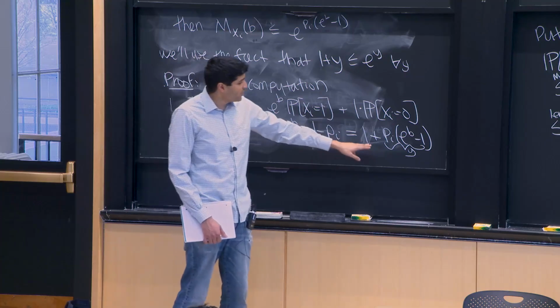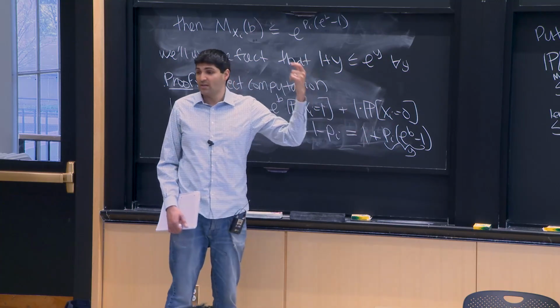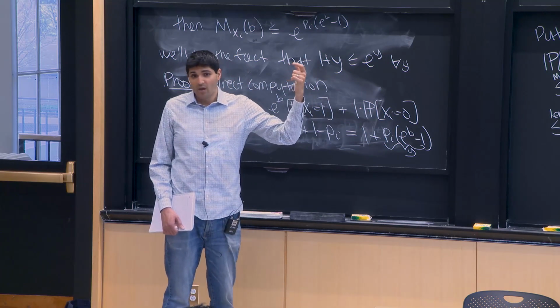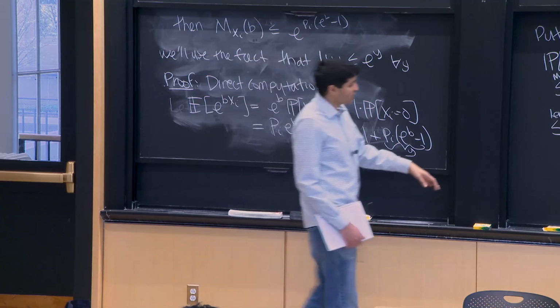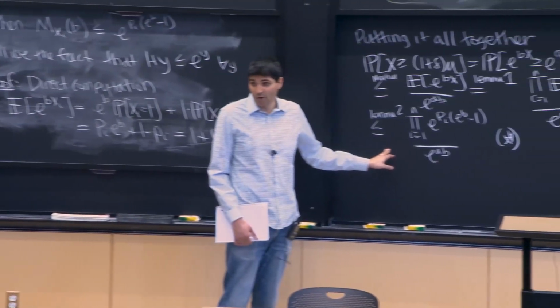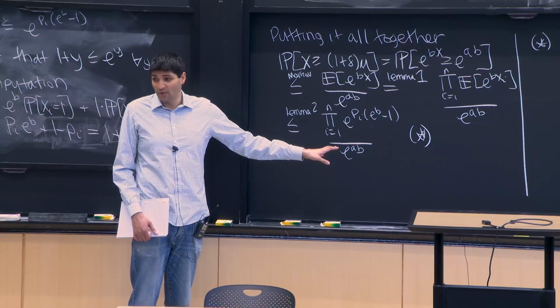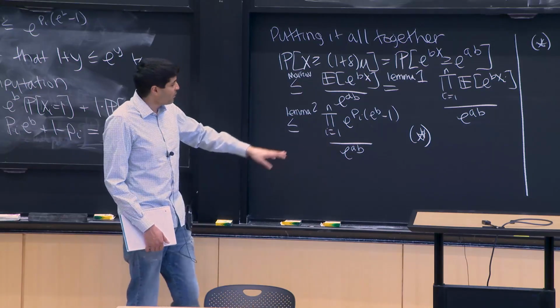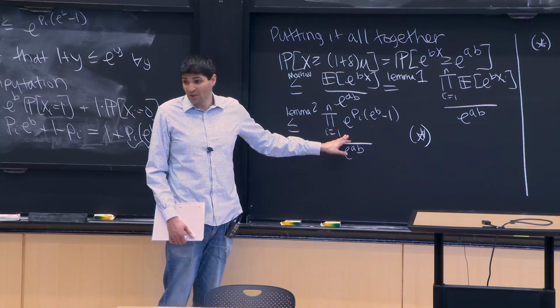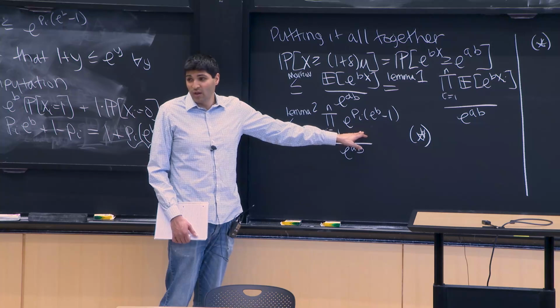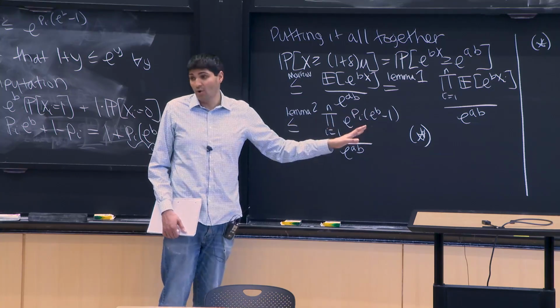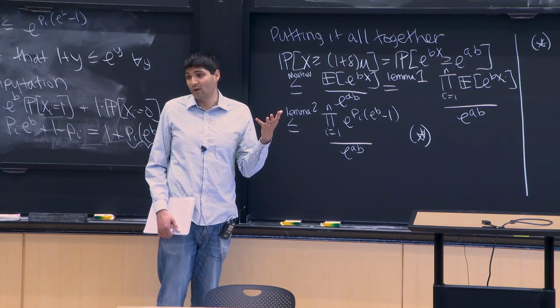But then I had to do a bit of massaging to get the pi's to be in the exponent. So that's the part that would change: if you gave me some other random variables, I could plug in and compute literally what the moment generating functions are for them. But then I would have the same problem about how to massage that into an expression where, when I take the product of all of them, I get the mu sitting out there.